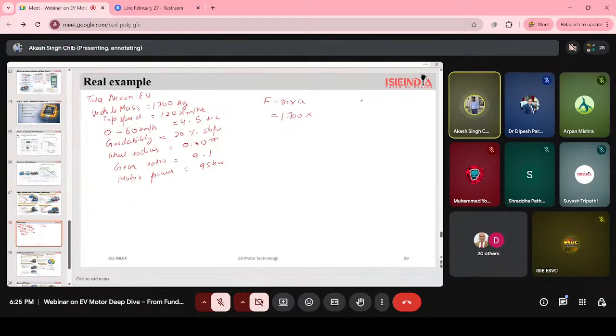Like if we take 60 kilometer per hour and want it in meter per second, can anyone tell me, for 4.5 seconds 0 to 60 kilometer per hour, how much we will get in meter per second?